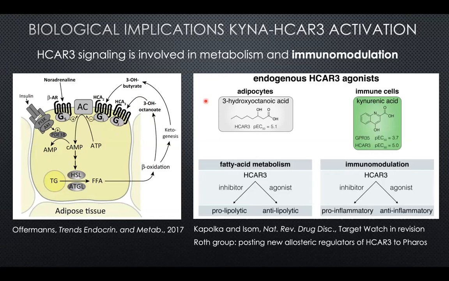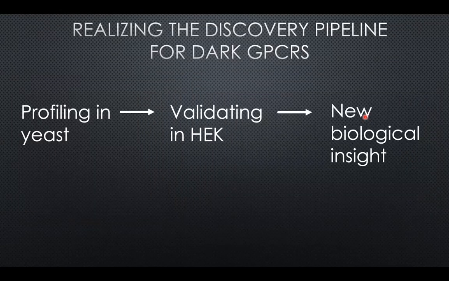So 3-OH actually negatively feeds back to regulate the adipocyte from wasting too much energy. Likewise, we think kynurenic acid, when it's made in an inflammatory response, negatively feeds back on immune cells to keep them from overreacting. So we think this is a very interesting parallel in biological function that is ready for exploration.